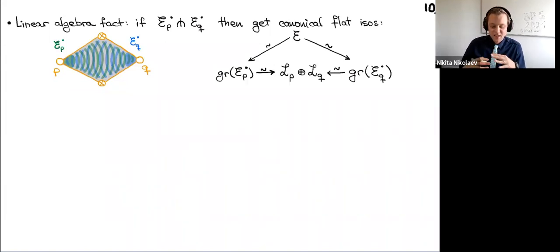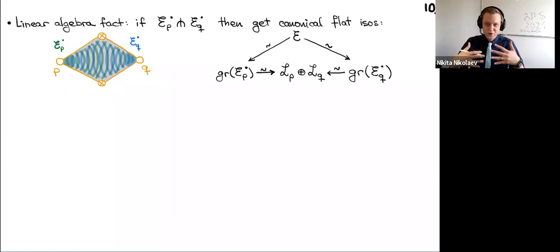And in fact, what it actually gives you is canonical identifications between your original vector bundle and the associated graded. I mentioned already that when you have a vector bundle with a filtration, you take the associated graded; the vector bundle is not isomorphic to the associated graded, at least not canonically.